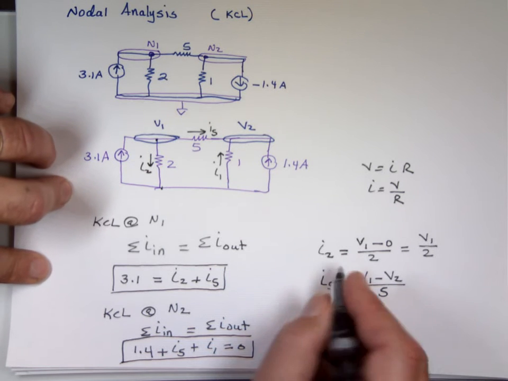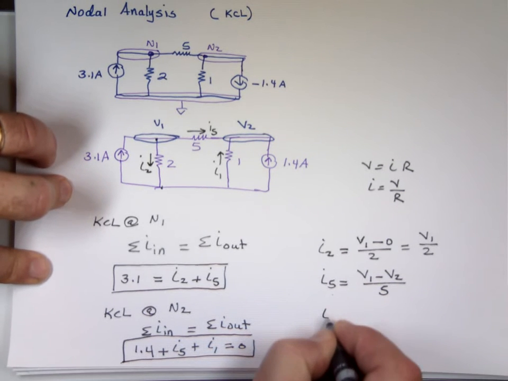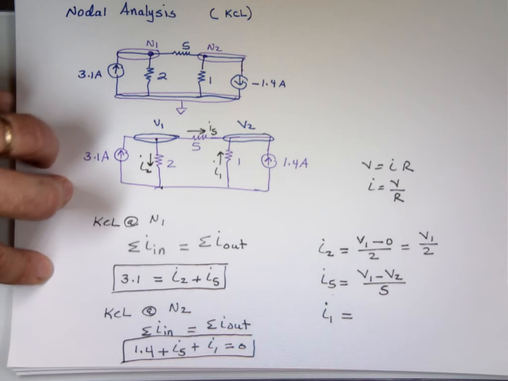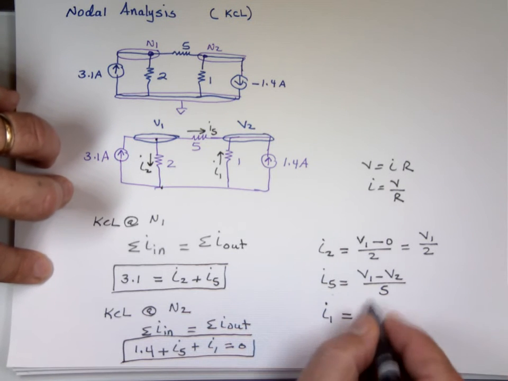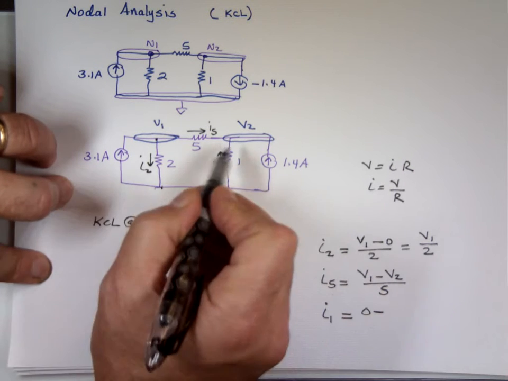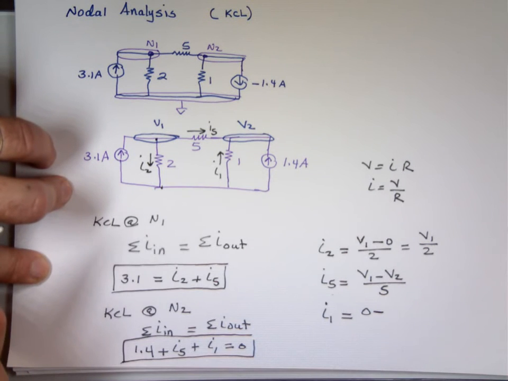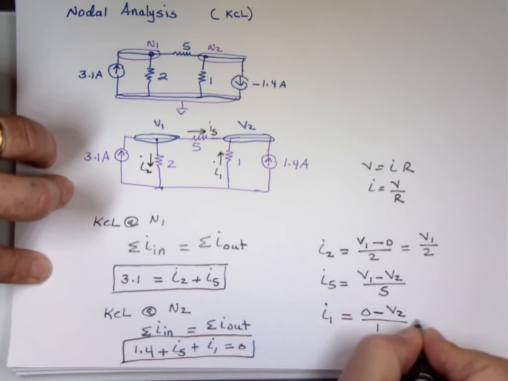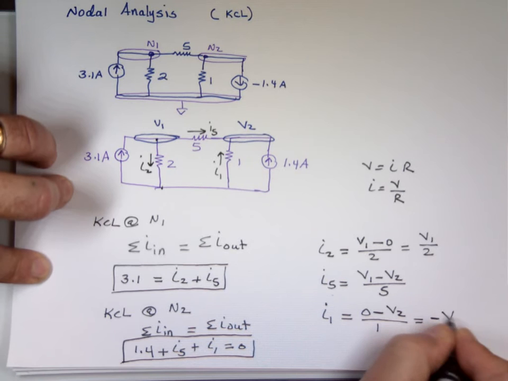And let's look at I sub 1. It's going up there, so which voltage? 0 minus what? What's the voltage on the top? V2 divided by 1, which is what? Negative V2.